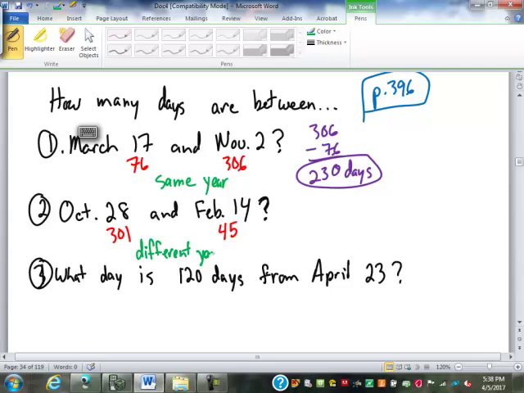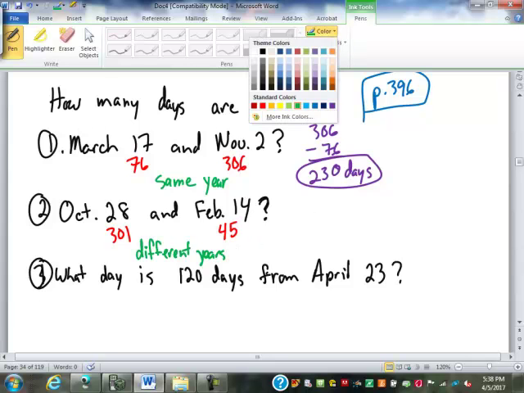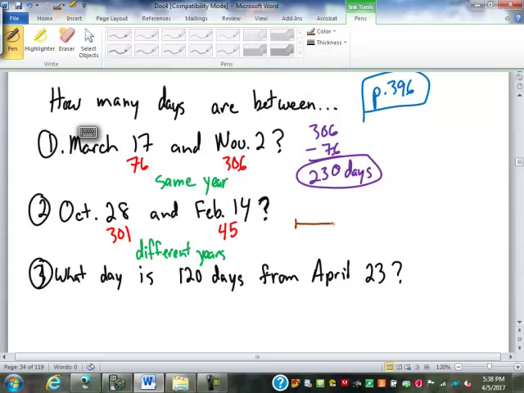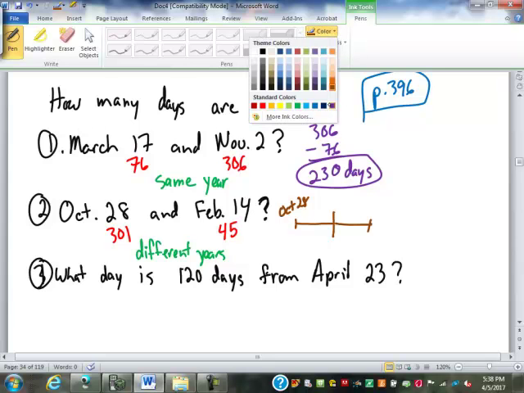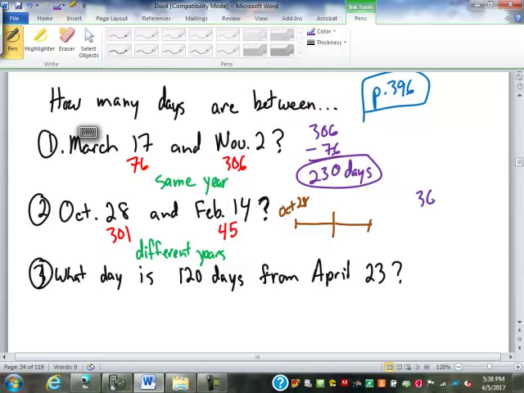Since they're in different years, the easiest way to think about it is with a timeline. Here's my October 28th. I have to go from that date to the end of the year. So I'm going to take 365, which is the full year, minus the 301, gives me 64 days. So there's 64 days there.